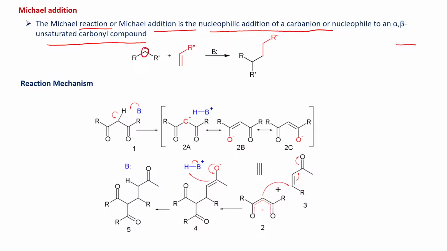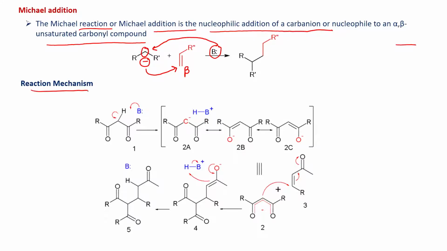So you will create a carbanion with this base. This base will abstract one hydrogen from here and it will generate a carbanion, and this carbanion will react on the beta carbon of the alpha beta unsaturated carbonyl compound.